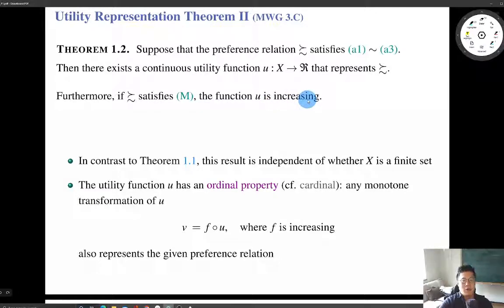And if the preference relation satisfies strong monotonicity, then the function U is going to be strictly increasing. I'm going to prove this theorem in a supplementary video. I think it is a little bit technical, and not everybody has to know the exact proof, so just for those who are interested in economic theory, I'm going to make a supplementary video and explain the proof.